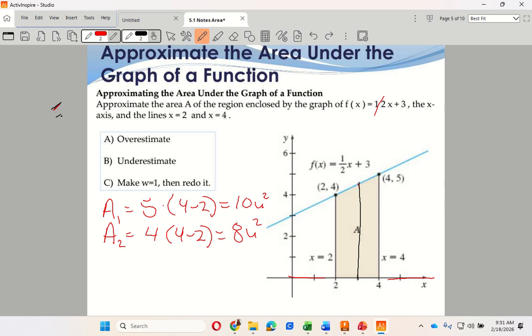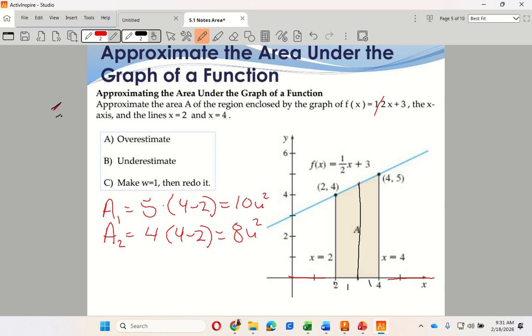So the width is now 1, and that's important because it's not just going to be b minus a. The width is 1, so it means that my x value down here is just going to be 1 instead of it being 2, right? So this would be 1, and this is also 1.